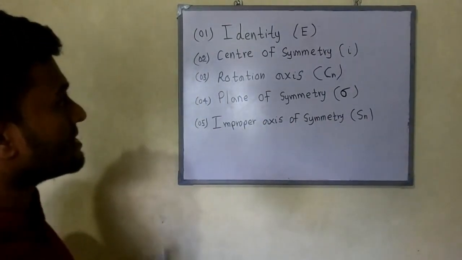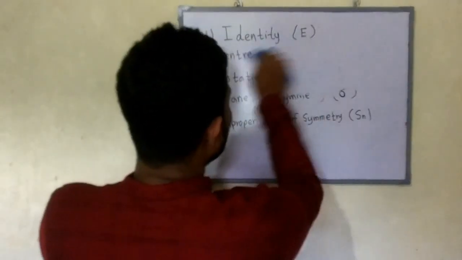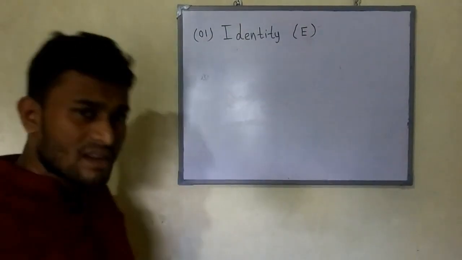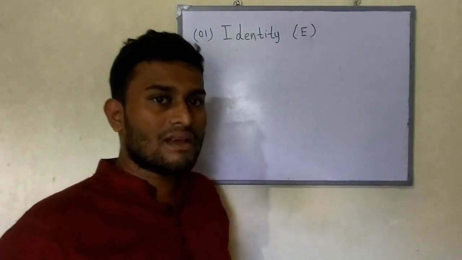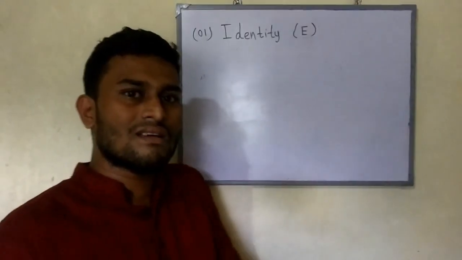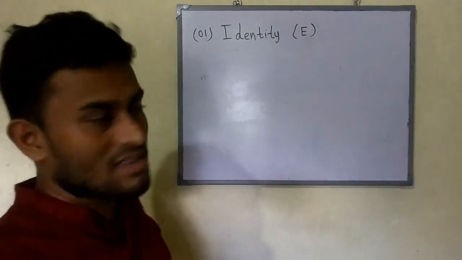So first, what is identity of symmetry? Identity of symmetry means doing nothing to the molecule. That means rotating the molecule by 360 degrees, so there isn't any change in the molecule.